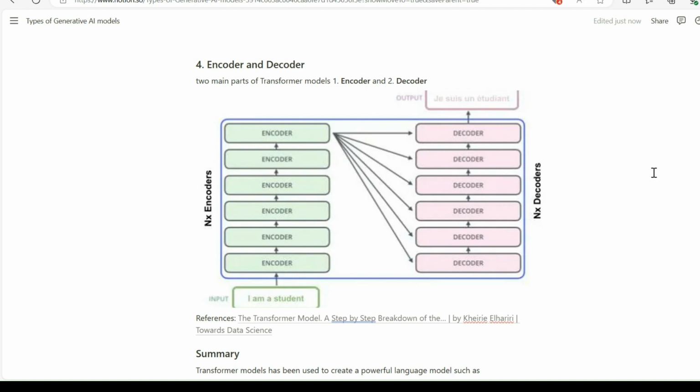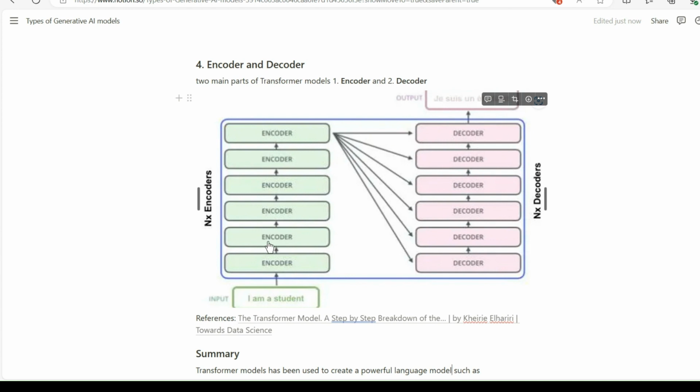Each encoder and decoder consists of multiple layers of attention and feed forward neural networks. For example, let's say you have an input: I'm a student. The encoder takes that input and translates it into some other language.